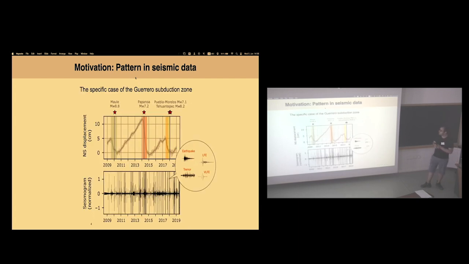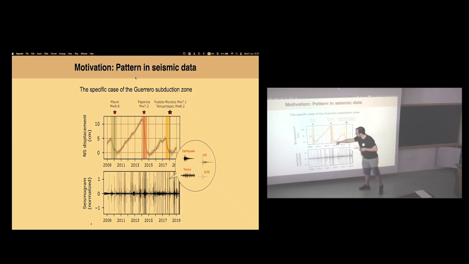And another pattern can be in the subduction zone, for example here in Guerrero in Mexico. So we have an earthquake here, for example, or here, and this is the GPS data, and this sudden change here shows the earthquake.